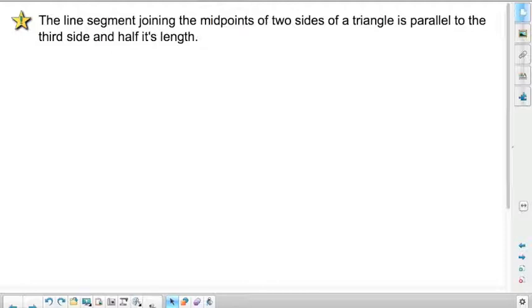The line segment joining the midpoints of two sides of a triangle is parallel to the third side and half its length. Okay, everybody got that down?